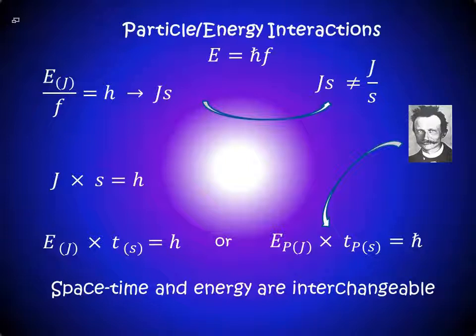Okay, for the Planck mass, it works. It's the most used, and essentially that we have here that space-time and energy are interchangeable. It's right there, looking at us in the face.